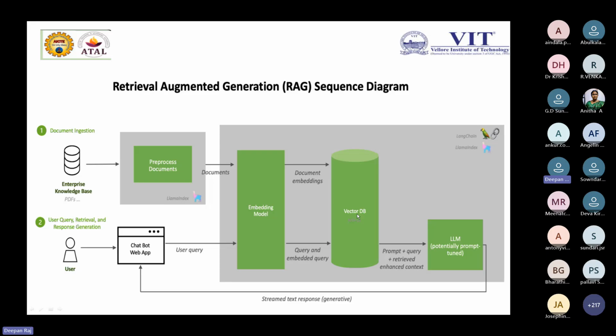Because sometimes you ask about tax and it gives you some generic opinion on tax. But what if you have a document of tax and you ask it to generate outputs in that particular fashion? That would be much easier and exciting, right? So that's what a RAG pipeline is all about.